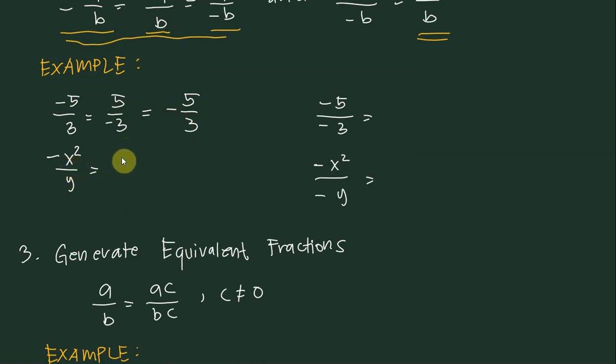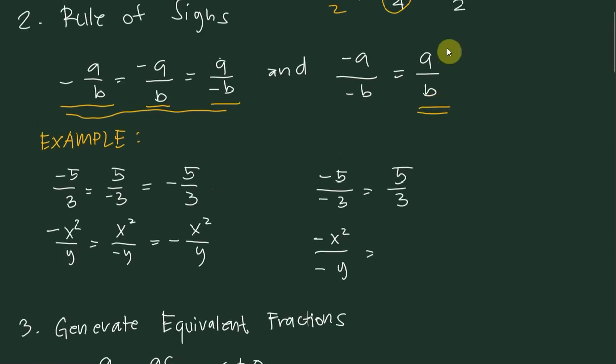Negative x squared over y is also equal to x squared over negative y, it's also equal to negative x squared over y. Okay, so negative 5 over negative 3 will equal 5 over 3, based on this property right here, and this will also equal x squared over y.